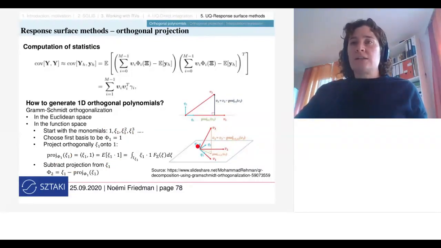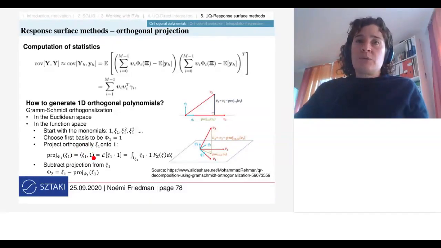So I do it exactly the same way as I do it in the Euclidean space. The only difference is that what defines orthogonality in the functional space is now my expectation of the product of the two functions. So this is how I define this inner product, and the inner product defines what it means to be orthogonal, okay?